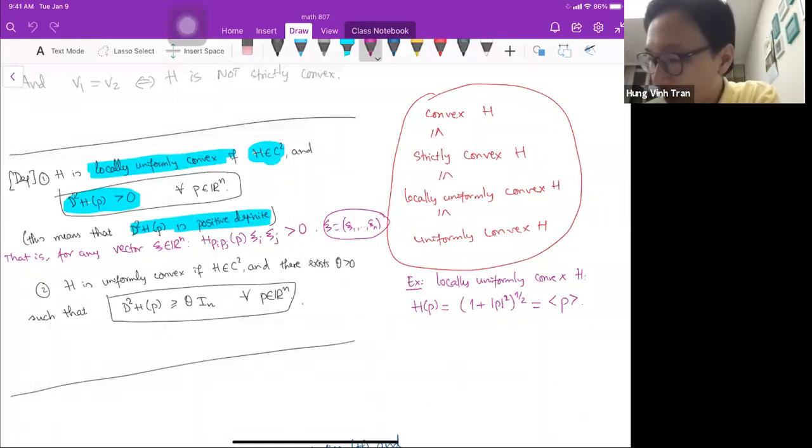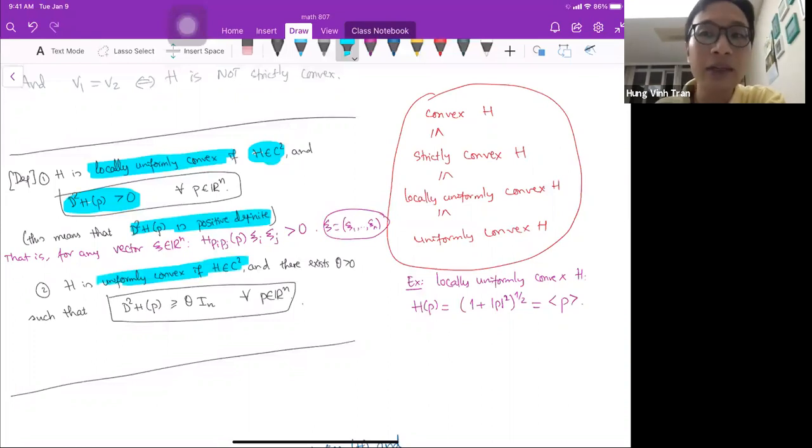And then the second one is that we say H is uniformly convex, and this turns out to be mostly used later on. It's a very strong assumption, but it's good for us.